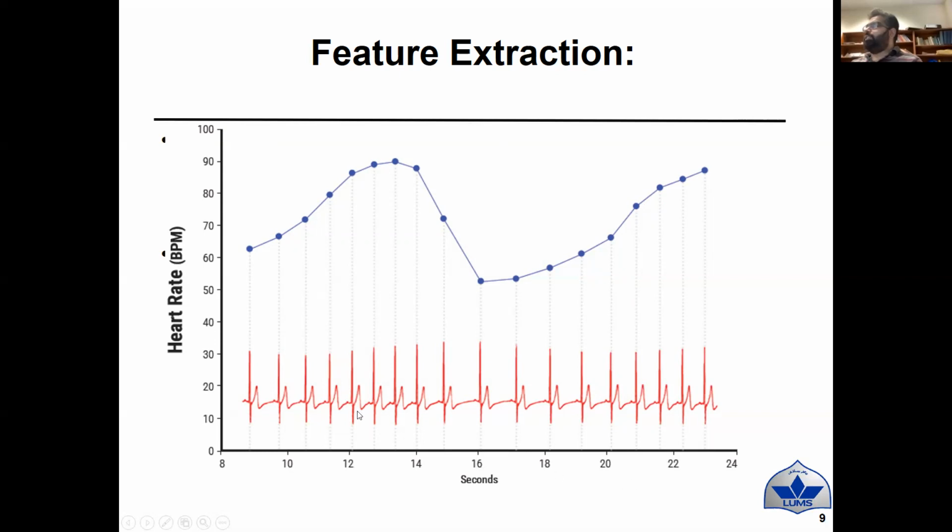The time axis is seconds, and this blue line shows your heart rate variability. You can see there is some variation recorded in the heart rate. It's not consistent at 60 to 70. Rather, there's a heart rate variation of more than 20 to 30 beats per minute, which is alarming. So this heart rate variation is not good.